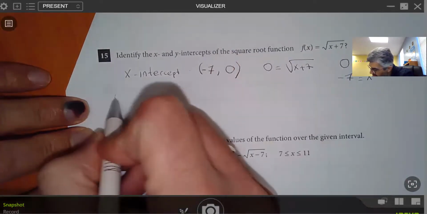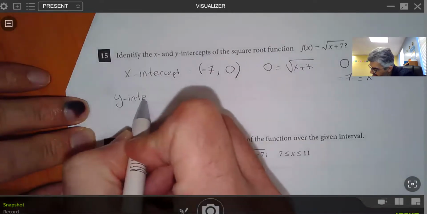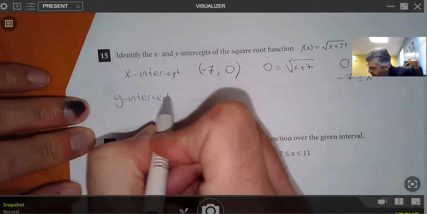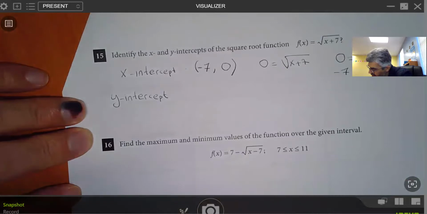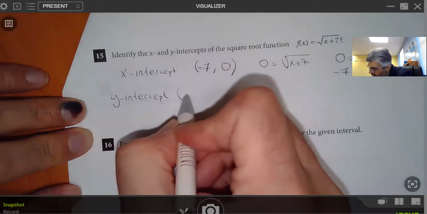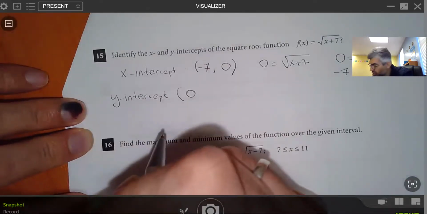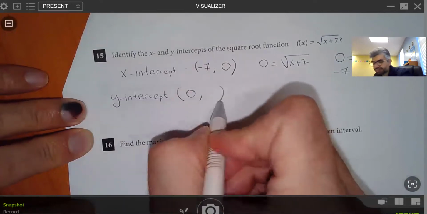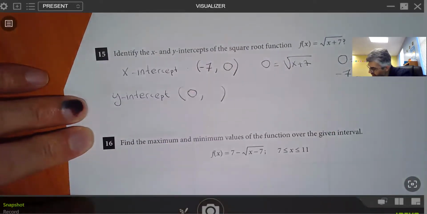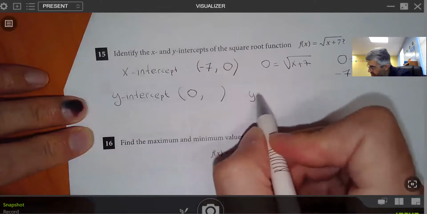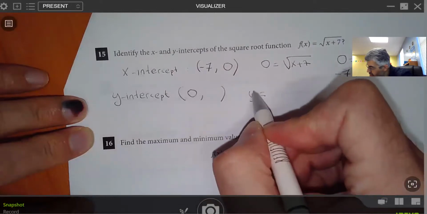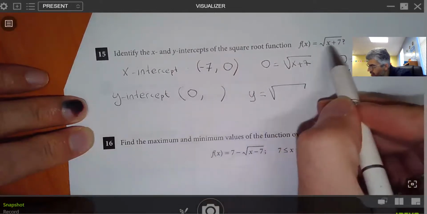And the y-intercept. For the y-intercept, x is 0. Okay? So I find the y-intercept now. y equals square root of x plus 7.